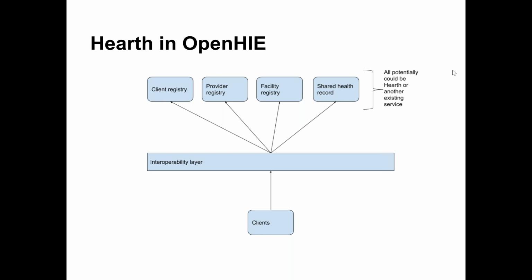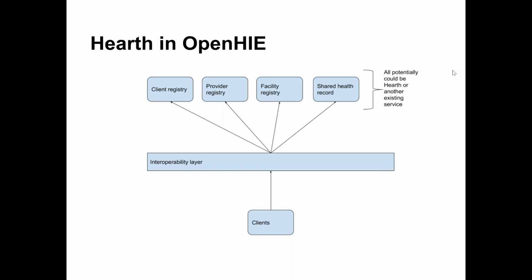The choice of how you integrate Hearth into an OpenHIE-based health information exchange is up to the implementation. You could have one Hearth instance that acts as all of these actors: a client registry, provider registry, facility registry, and shared health record all in one.